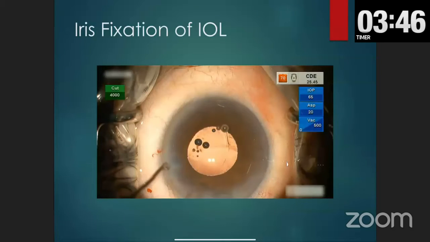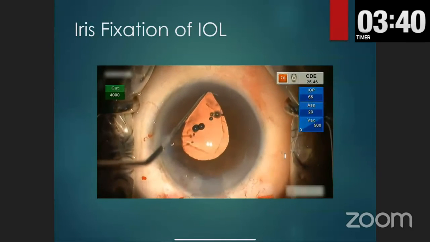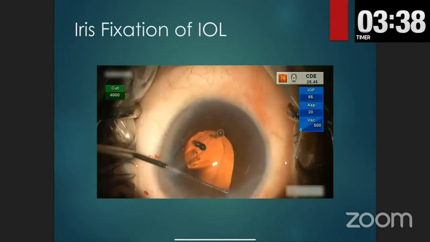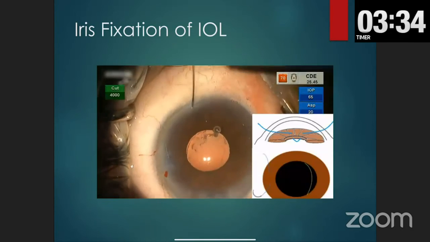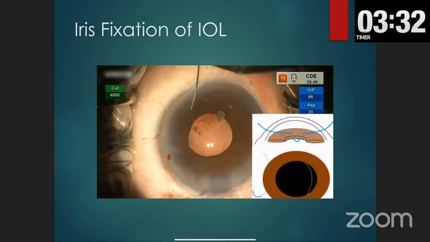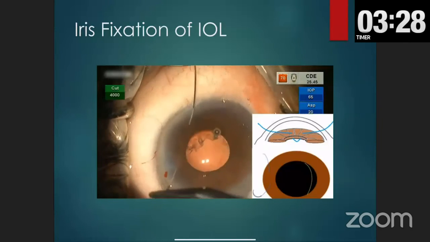And then there is this single haptic fixation of intraocular lens. So when we have a large PCR, so this is a case where superiorly we have a nice capsular support, whereas inferiorly there was a large PCR and vitrectomy was done, and part of the capsule was also removed.